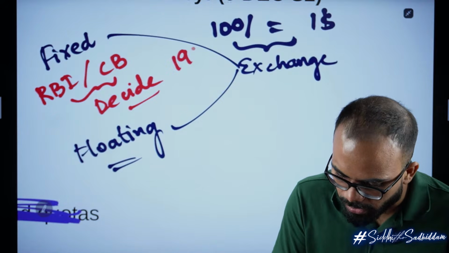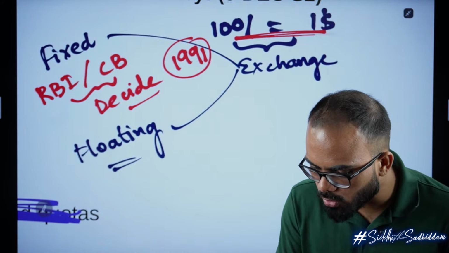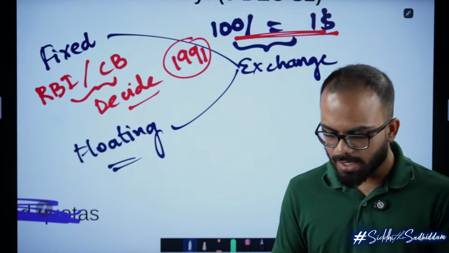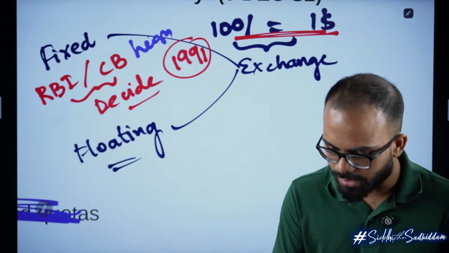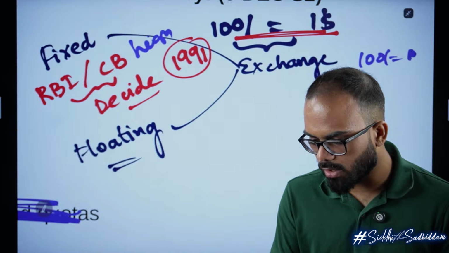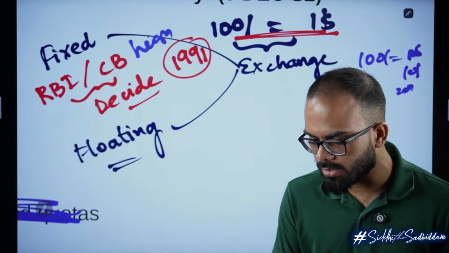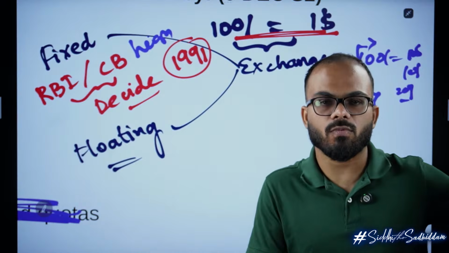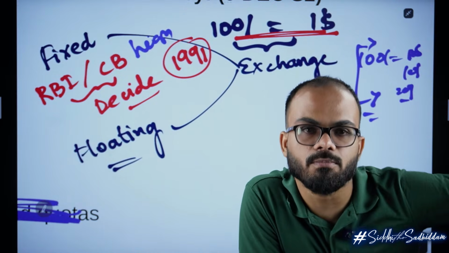So before 1991, it was RBI who used to decide like this. And RBI always used to keep India's exchange rate very high. That is, they used to say 1 rupee or 100 rupees is equal to $1 or maybe $10, $20. The reason was we wanted to have cheaper imports.